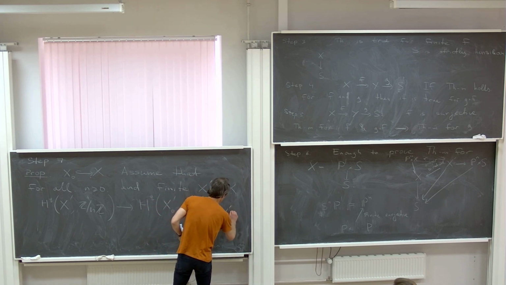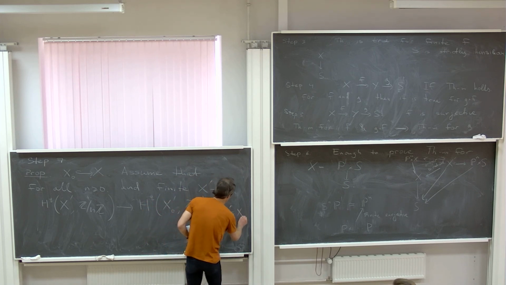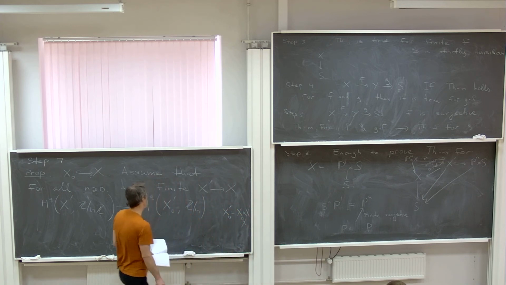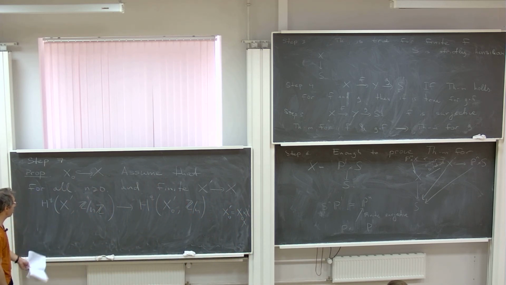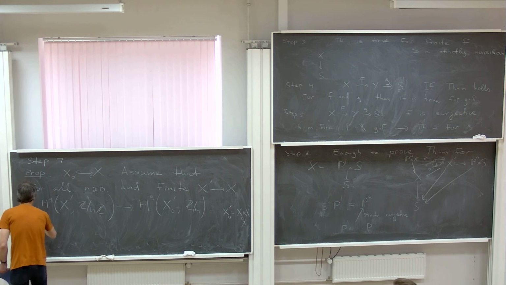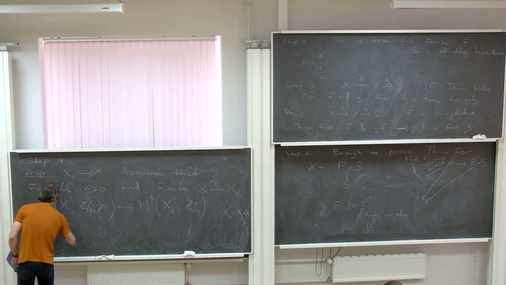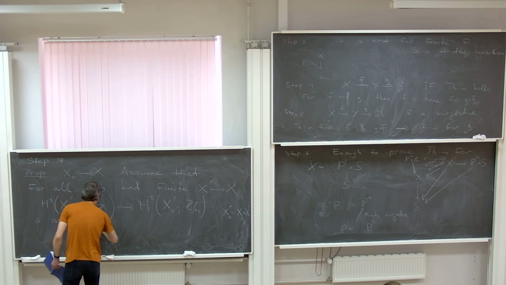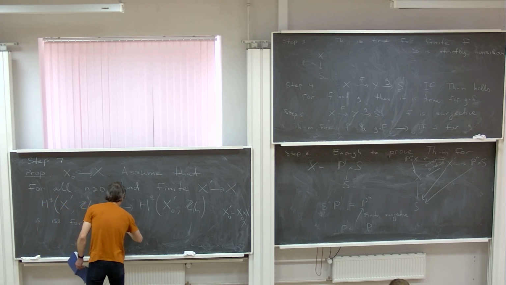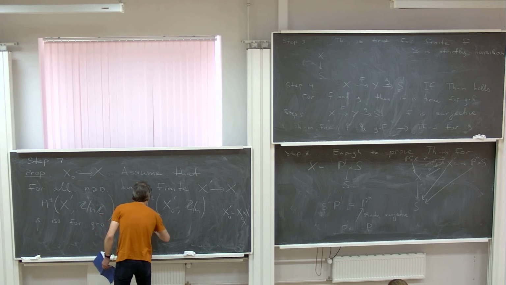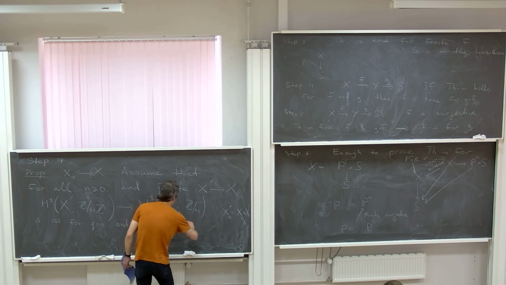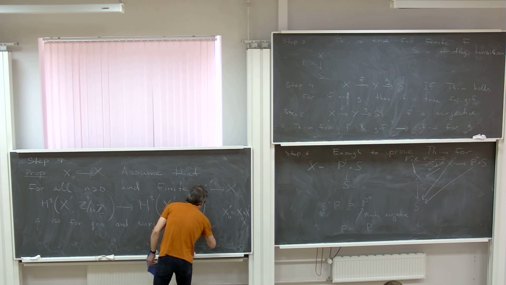X0 prime is X0 times X prime over X. That's the restriction of my finite cover, is an isomorphism for q equals 0, and surjective for q greater than 0.